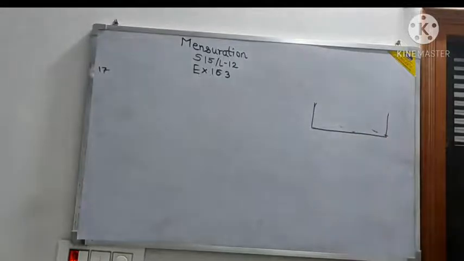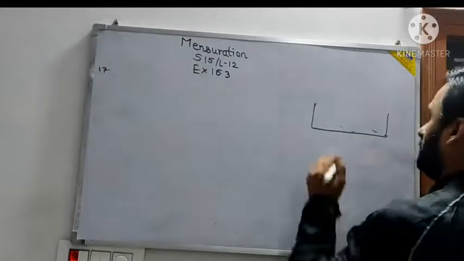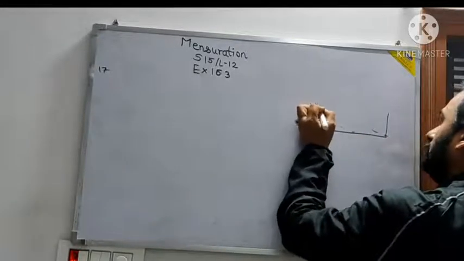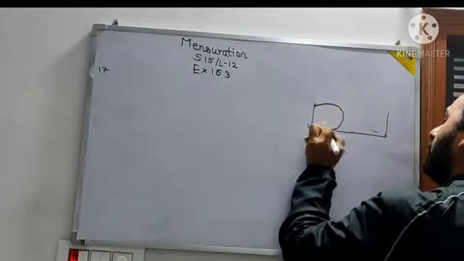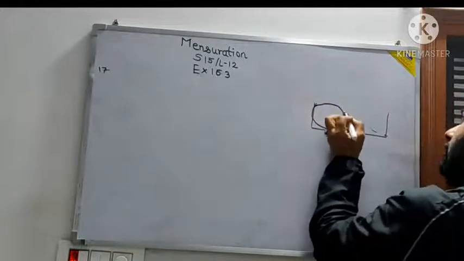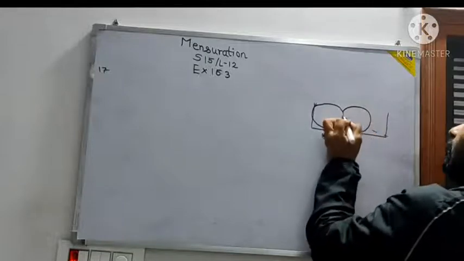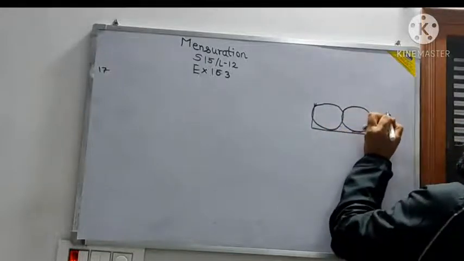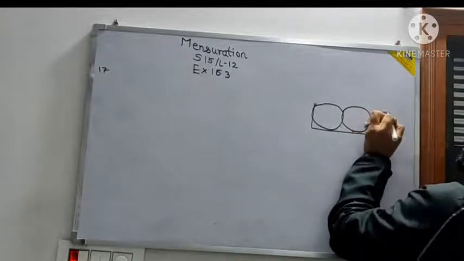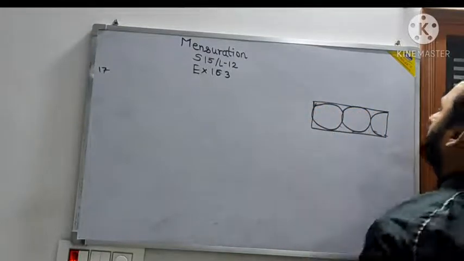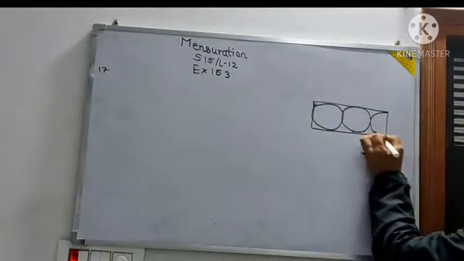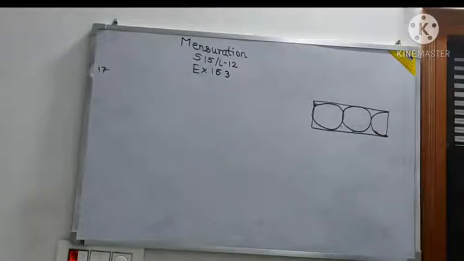I'm not drawing to scale. So there are 2 complete circles and 1 semicircle.